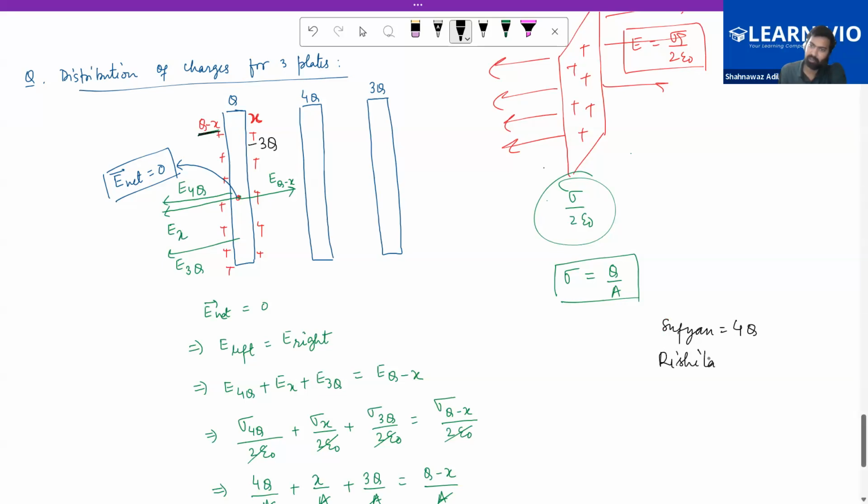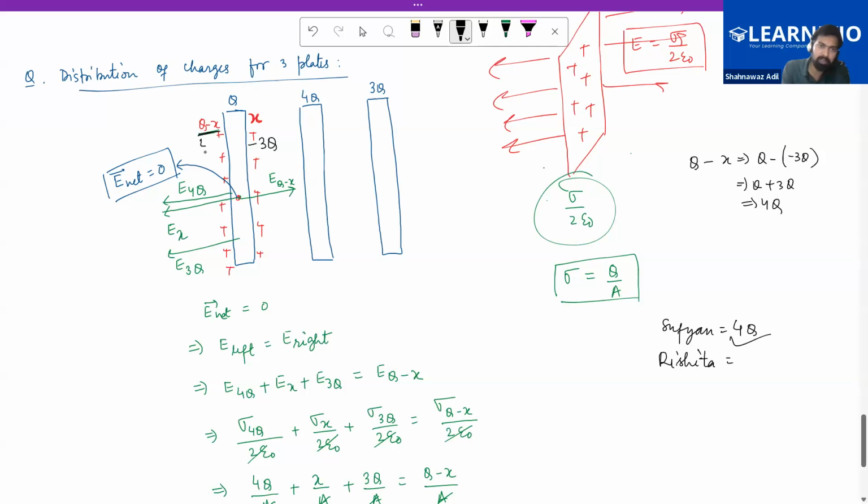What do you think? What would be the answer? You see, that is Q minus X. X you have already got. So Q minus of X, which is Q minus of minus 3Q, which is Q plus 3Q, so that is 4Q. So yes, Sufyan, you are correct.